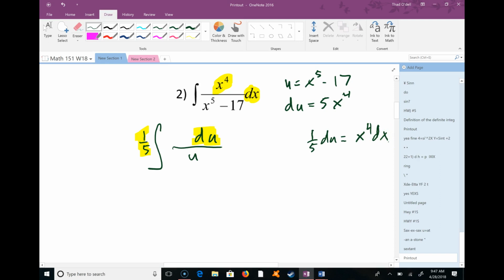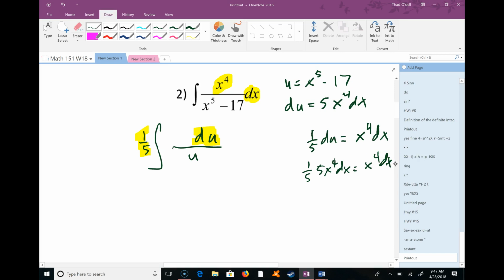And you can see du, of course, is 5x to the 4th dx, so 1/5 of 5x to the 4th dx is equal to x to the 4th dx, isn't it?